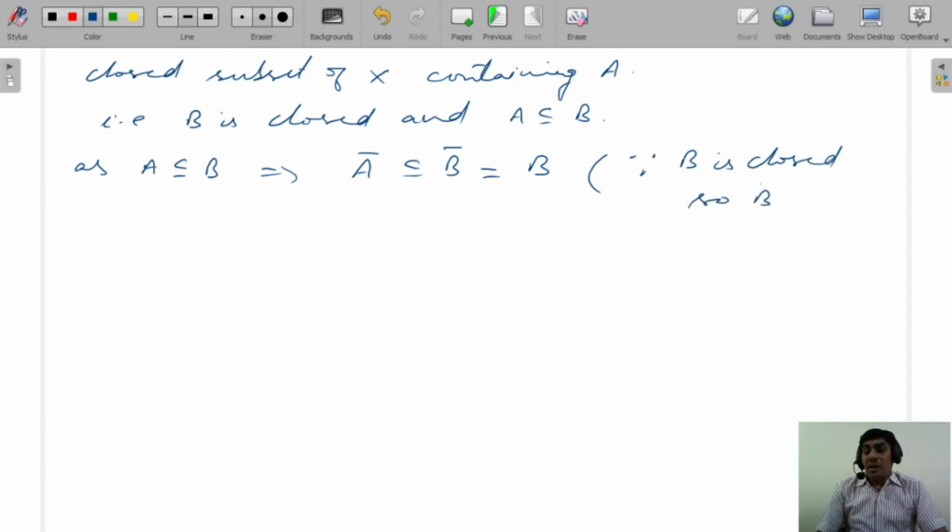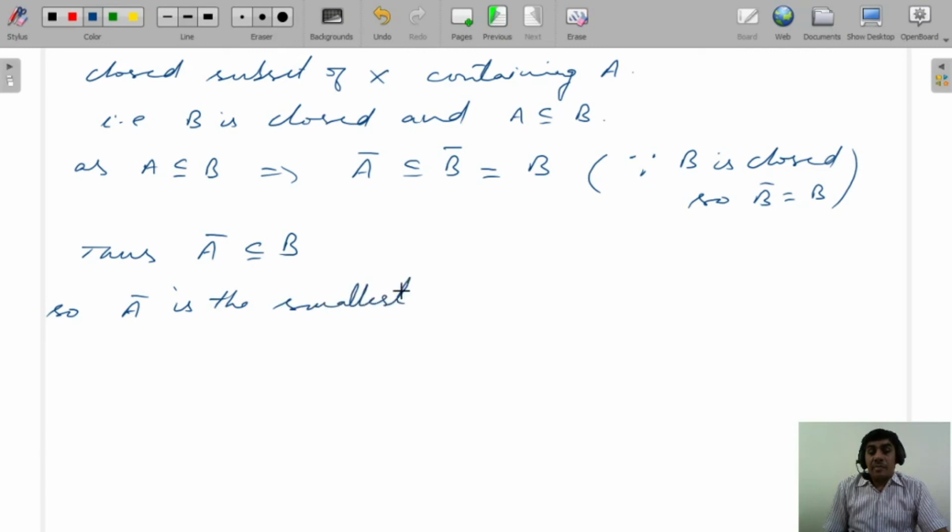So B closure is equal to B. Thus A closure is contained in B. So A closure is the smallest subset of X containing A. Next theorem.